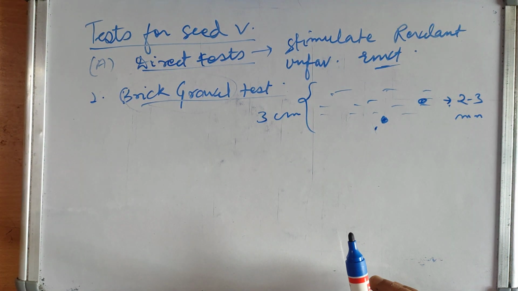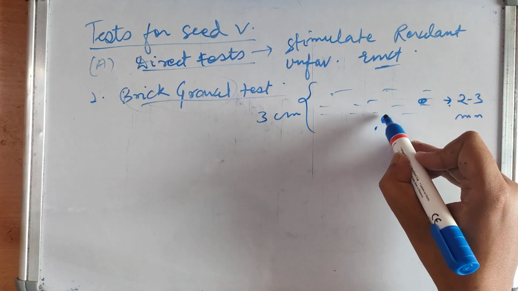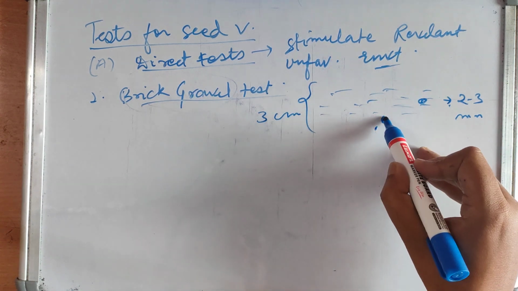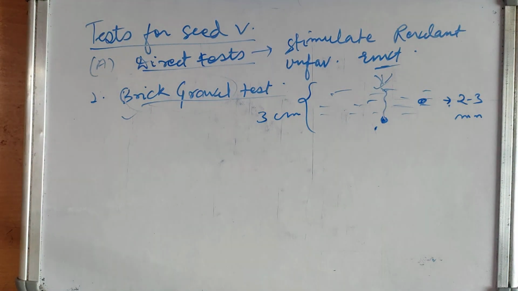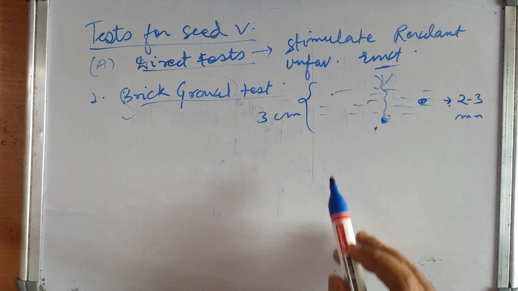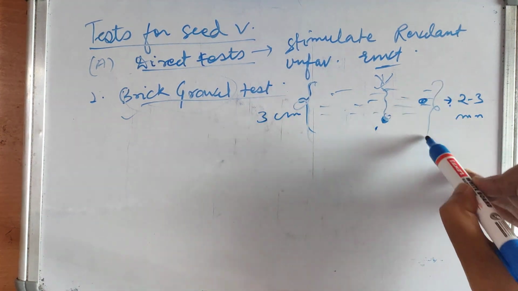If the seed is able to emerge over it, then this is a vigorous seed. If the seed is not able to emerge over it, then the seed is unhealthy or not vigorous. I hope you understand this.